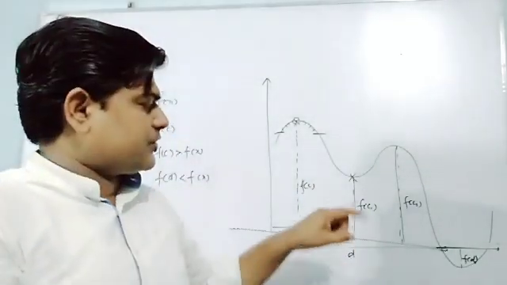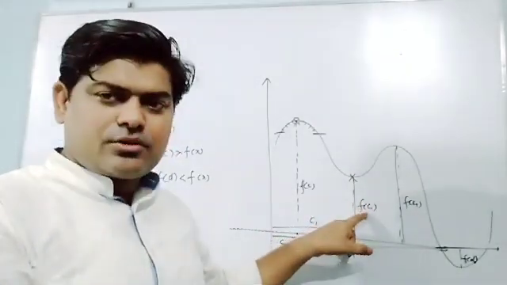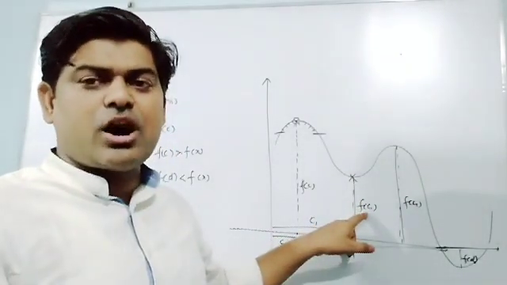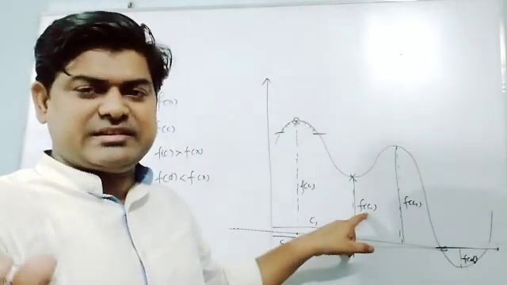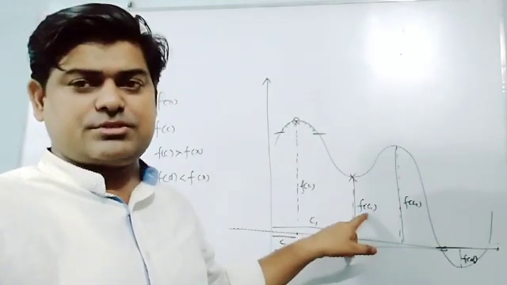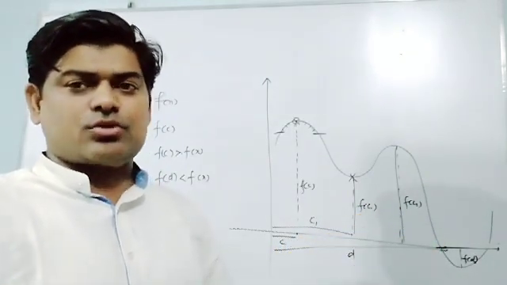In other words, if I am talking about c1, we got f(c1) and some other values of x nearby c1, maybe less than c1, maybe more than c1. One can use the words slightly less and slightly more.